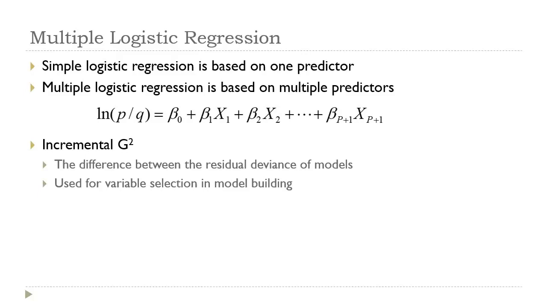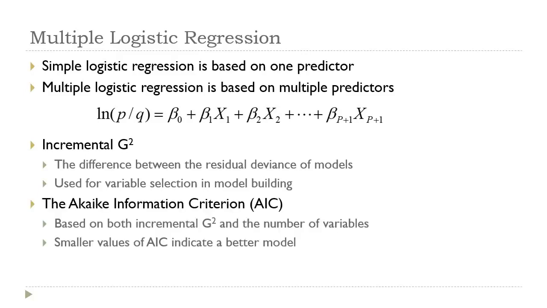The second tool that we can use is the Akaike Information Criterion, or the AIC. Remember that we seek parsimony in our model building. The AIC looks at both how much G-squared changes as well as how many variables are in our model.